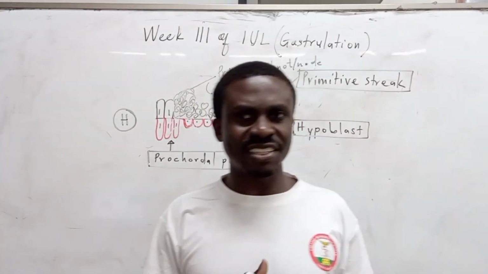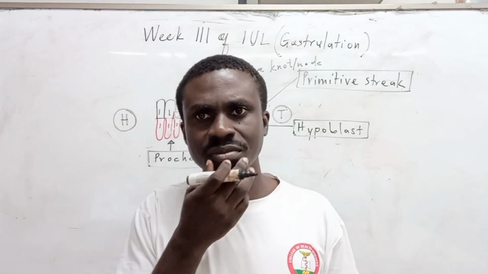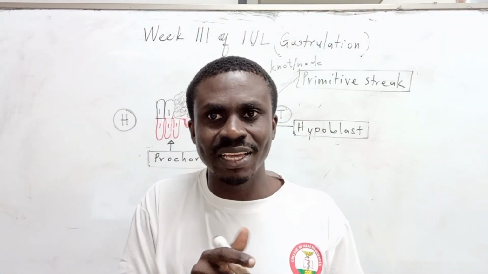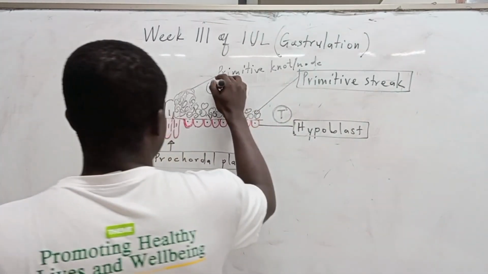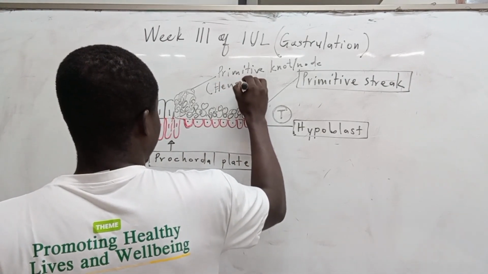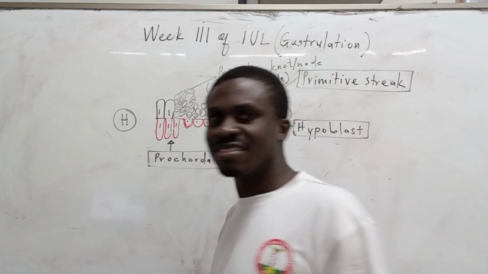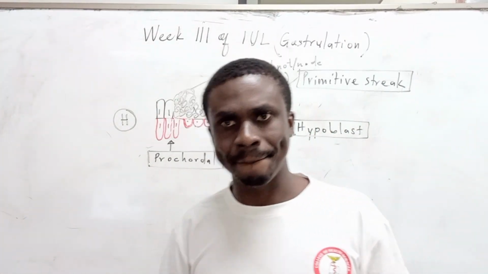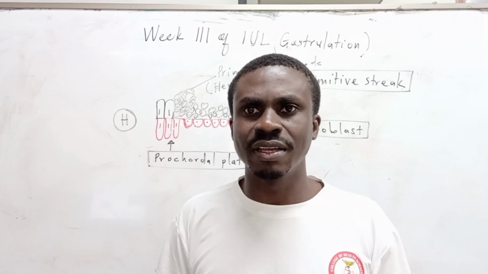In your exam, you may not see primitive node or primitive knot; it has an eponym. And that eponym is Hensen's node. Yes, that's one thing that we are going to see.